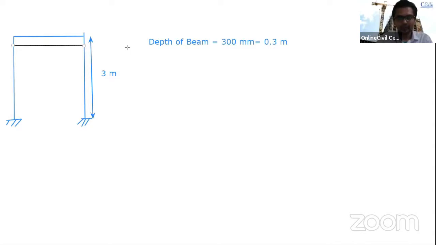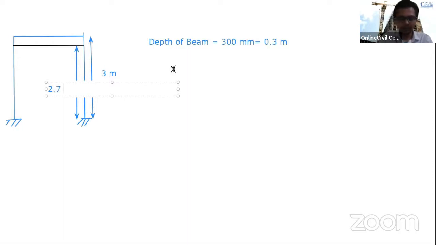Now this particular height will be, previously we had written 3 meter, so 3 minus 0.3 is 2.7.